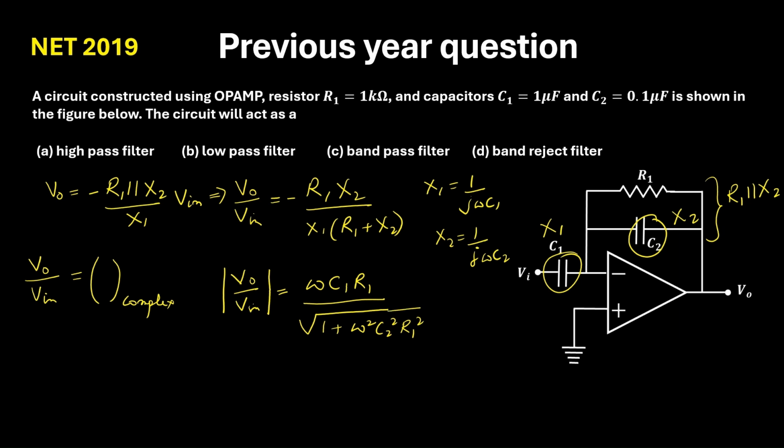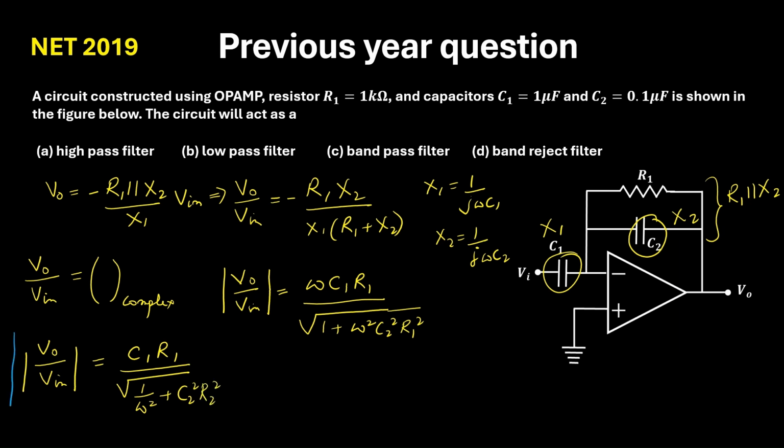So this is the magnitude. Now we can rearrange this term and express the magnitude of V naught by V in as C1 R1, simplifying this term, and this one will be 1 by omega square plus C2 square R1 square.